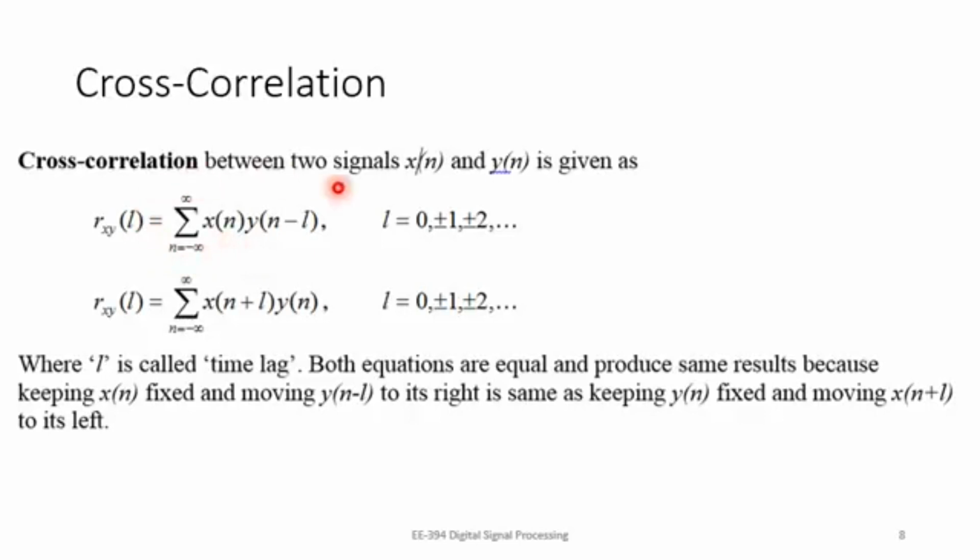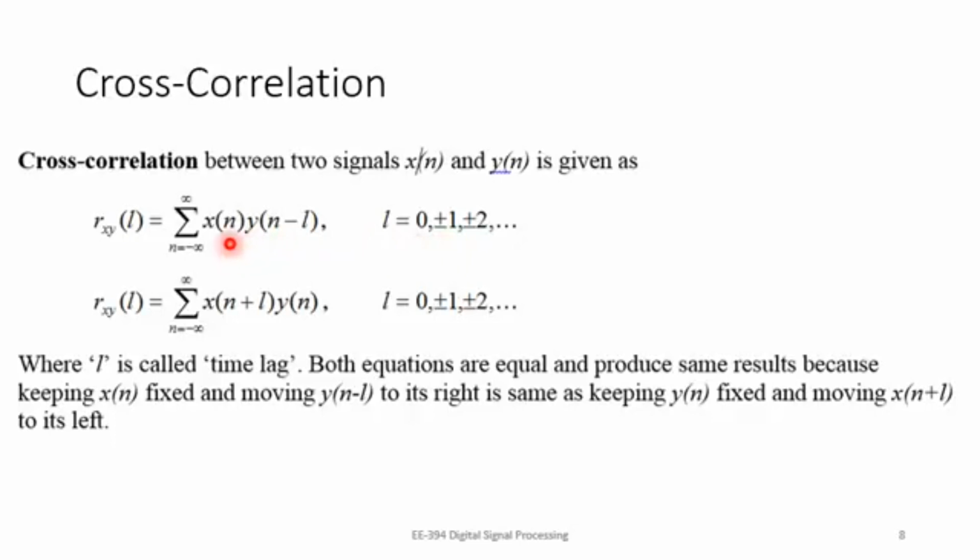It's very similar to what the convolution formula looks like, except that in convolution there was a need of using a dummy variable and there was a folding involved. Here in correlation there is no folding involved. We have a signal x[n] and another signal y[n], which we shift by l units, and l, as you can see, is a lag which is 0, 1, 2, 3 in the positive direction as well as in the negative direction.